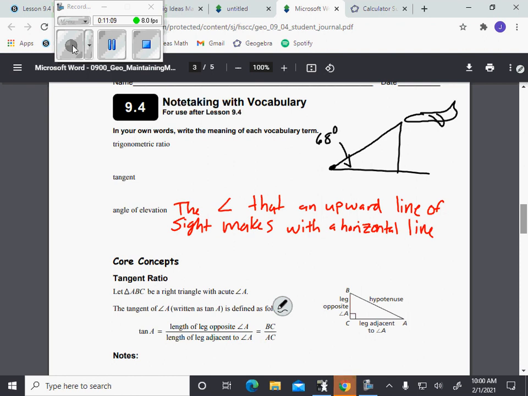So my angle of elevation from where I'm at to that plane is 68 degrees. We're talking about this angle here. That's the angle of elevation. And to me, that's a pretty dang good plane. Pretty excited about that.